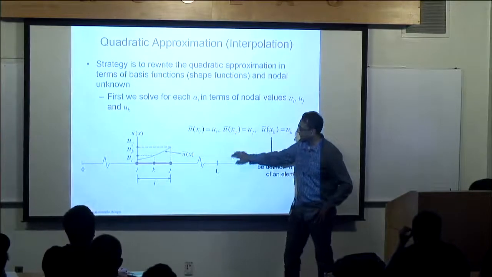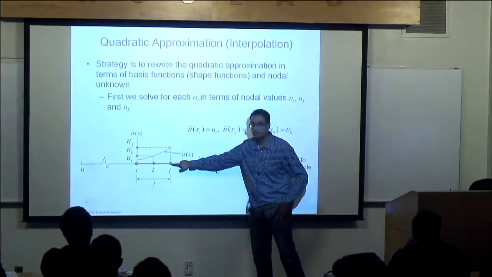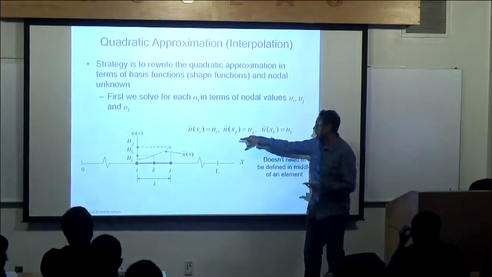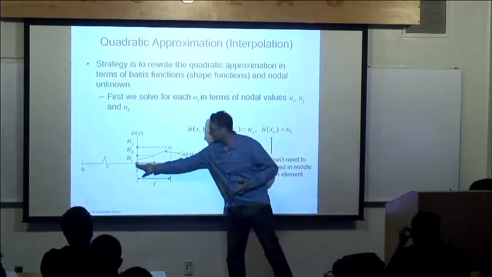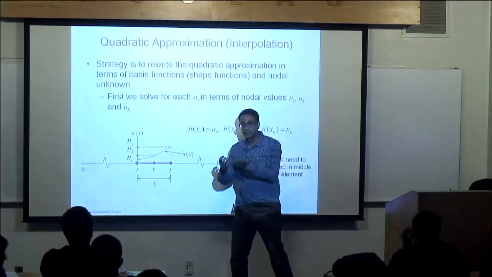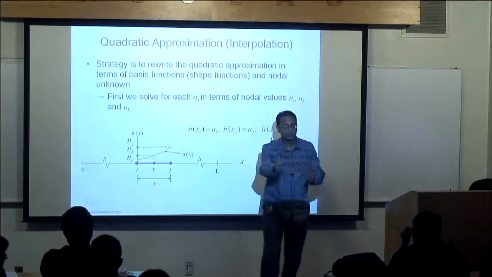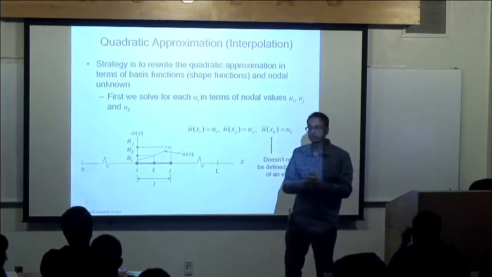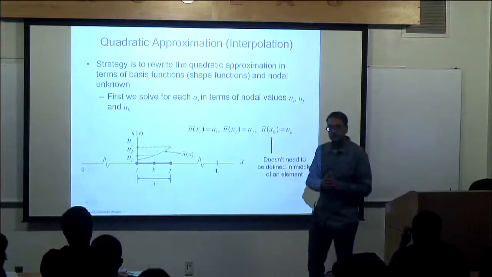I evaluate at the other end, xj, and find the value there, which is uj. And now these ui and uj, which are here and here, are connected to adjacent elements. And they have physical meaning. You know what they mean. You get the value and you know exactly what it is. It's the displacement. Not only that, you have an approach for assembling the system together.